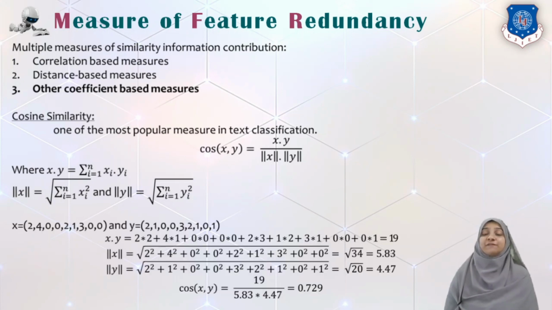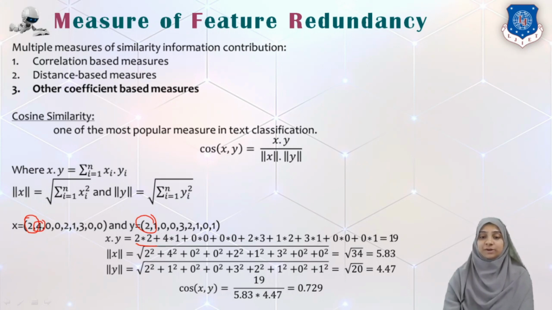Say for example, feature x is given by the vector 2 4 0 0 2 1 3 0 and the y feature is given as the vector 2 1 0 0 3 2 1 1 0 1. Now, in order to calculate x dot y, we will multiply each component of the vectors element by element and sum them. The first component of vector x is multiplied with the first component of y, that is 2 into 2.